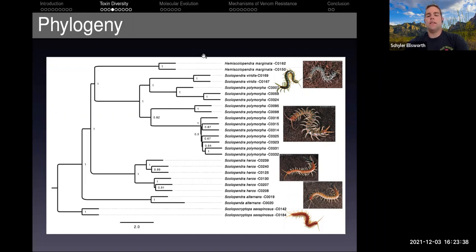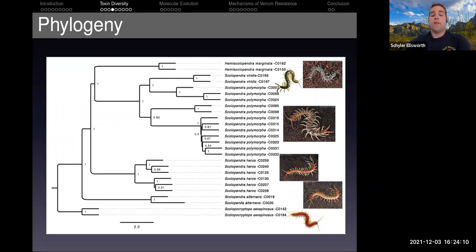This highlights one of the things that needs to be done with centipede taxonomy: a lot of the phylogenetics within this group are based purely on morphology. But there are a lot of other genetic mechanisms and cryptic species that could be found in these groups, which we can talk about with some of the other findings in this phylogeny, including potentially looking at the genus classification for some of these organisms.